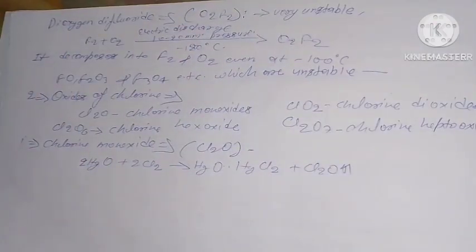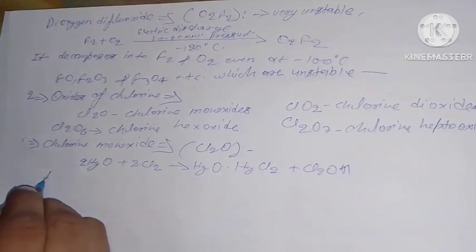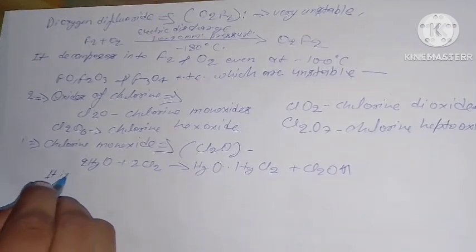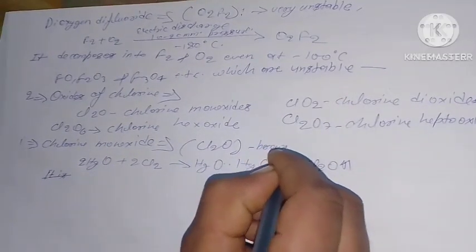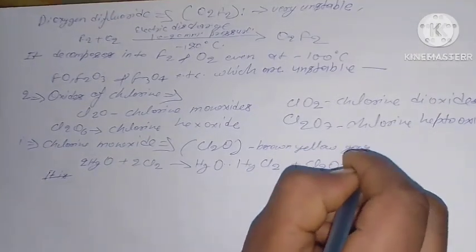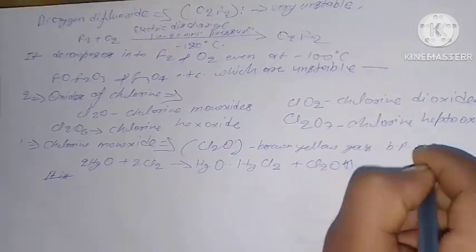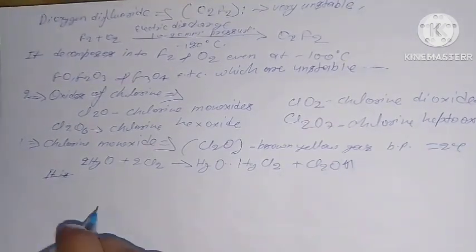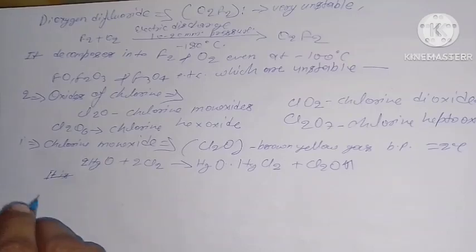It is a brown yellow gas having boiling point 2 degrees Celsius. It is thermally unstable and explodes on heating.